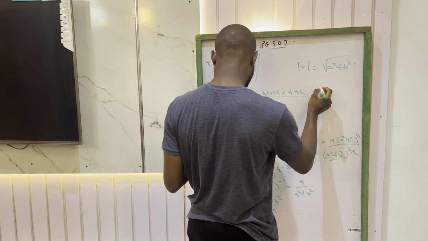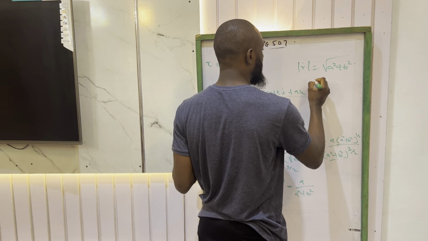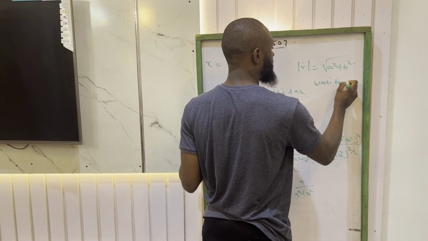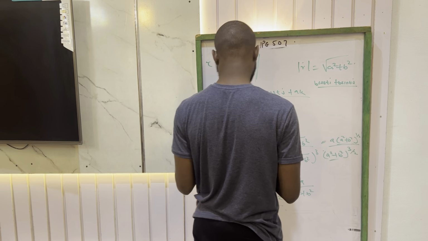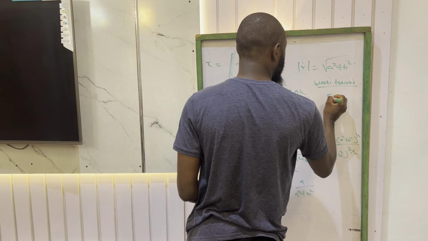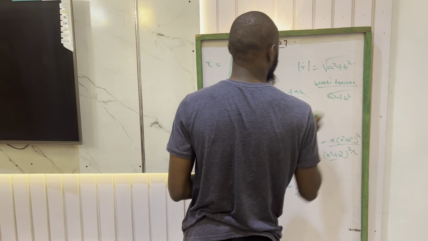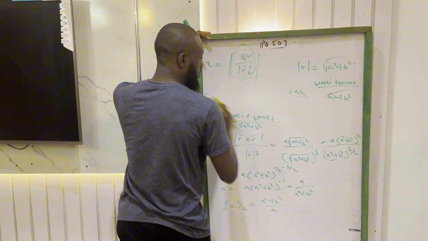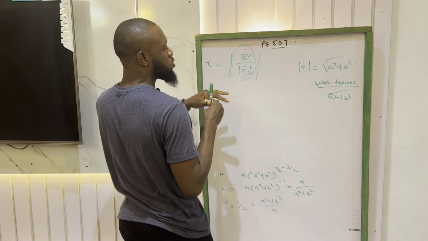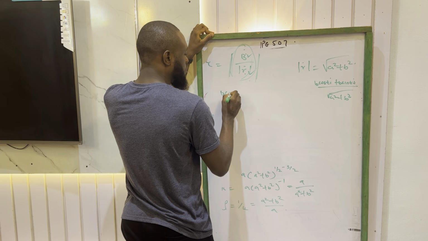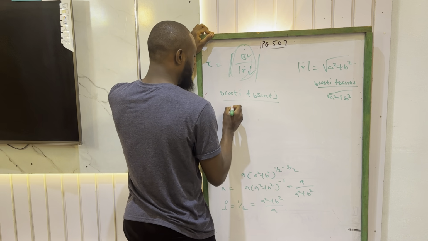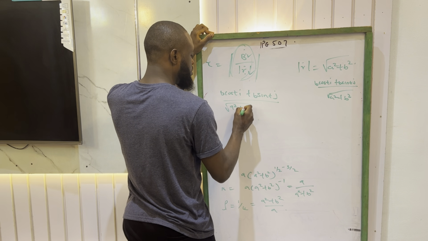So that b dot is b cos t i plus b sin t j all over square root of a squared plus b squared.